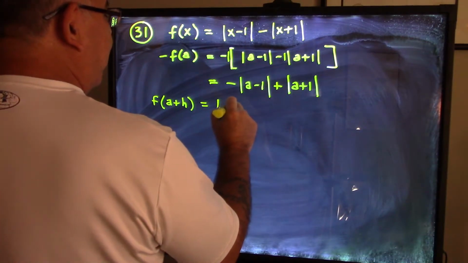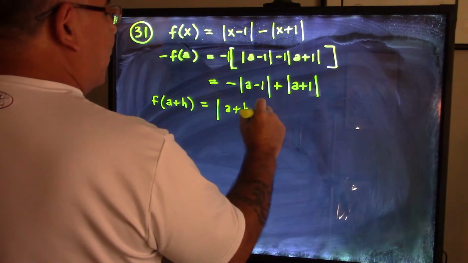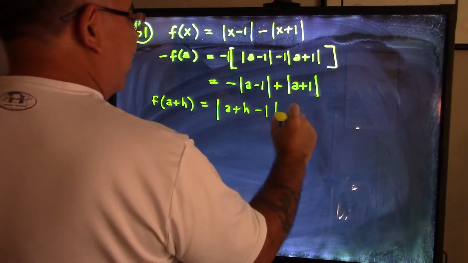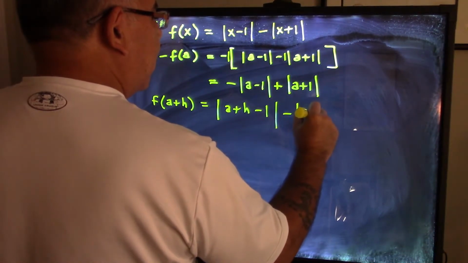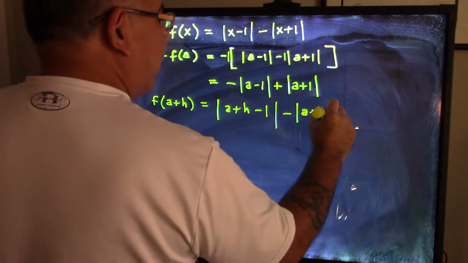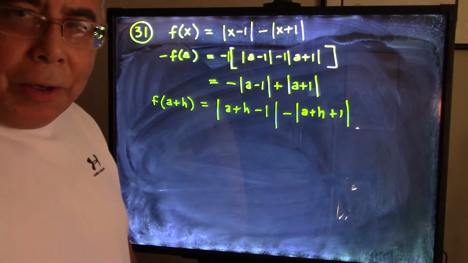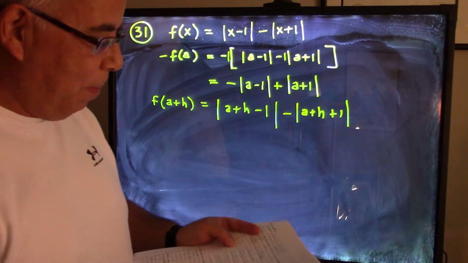So you've got a plus h instead of the x, and then minus 1 in the absolute value bars, and then minus absolute value of a plus h plus 1. That's about all you can do with that expression. All right, so that's all the room we need for that one.